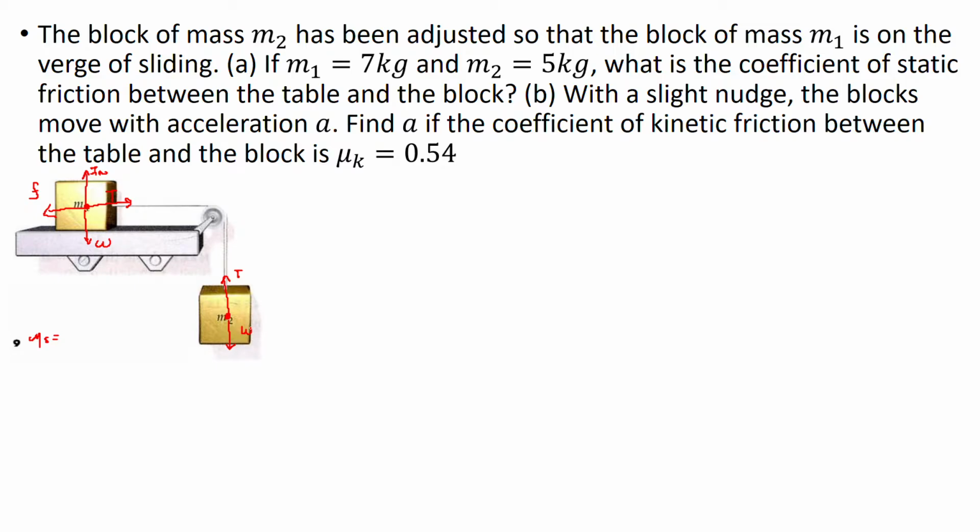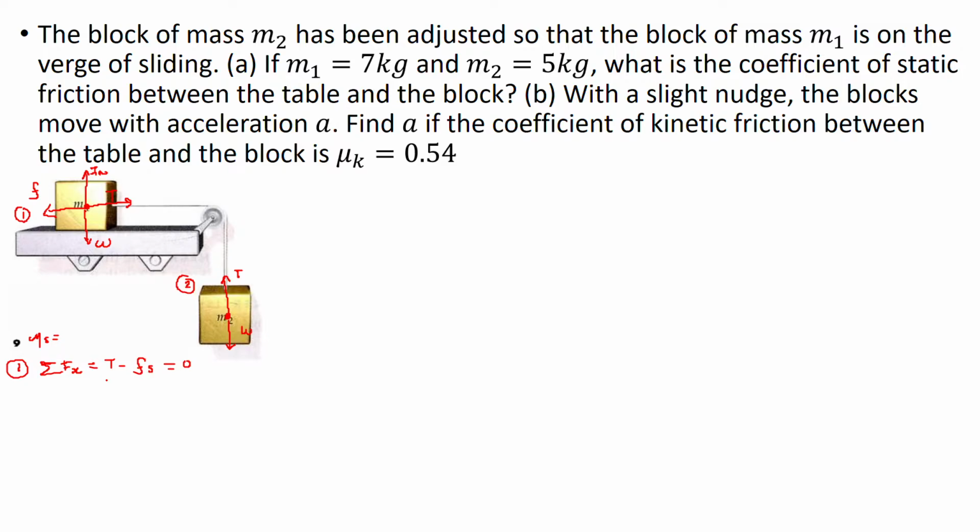From there, we need to find the equations for x and y for object 1. I'm going to call this 1, and this is going to be called 2. So for 1, the sum of all the forces in x is going to be the tension minus the friction force, in this case the static force, and this is going to be equal to 0.